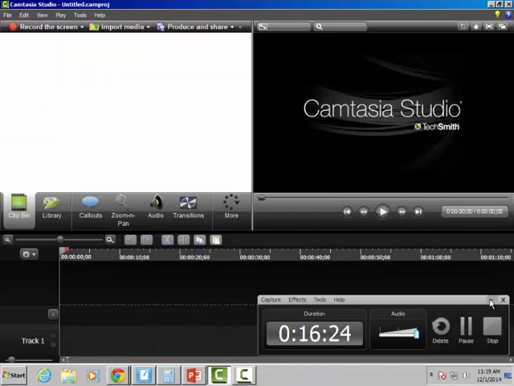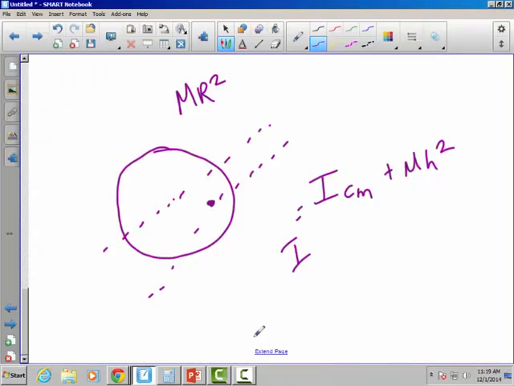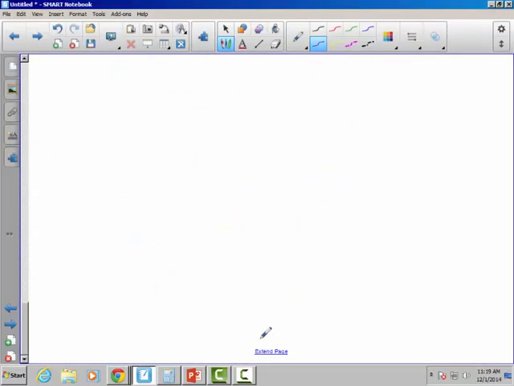So let's write down what we know. We've got this situation happening. We're going to need to use this equation. I can't draw that little angular acceleration symbol very well. All right, and we know that the initial angular velocity is 0 radians per second.